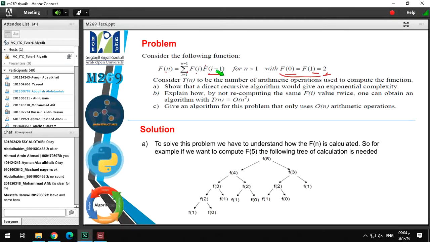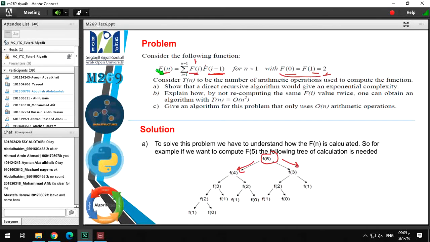In order to understand how this function is going to be analyzed, the function is going to be executed twice, one with the value of n and one with n minus 1. So let's say you have the function f5, f5 is going to be executed as f4 and f3.